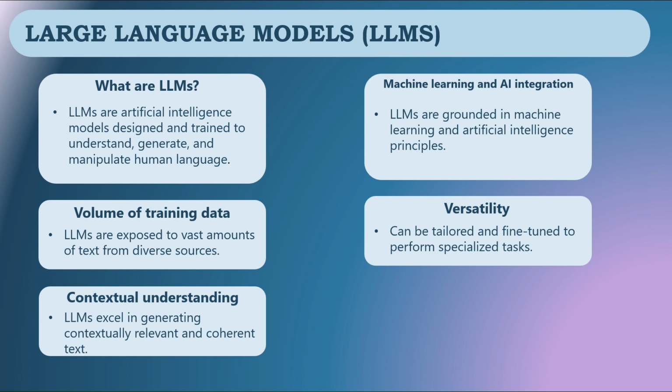They are neural networks with millions and even billions of parameters that are fine-tuned during the training process to understand and predict text effectively. These models aren't limited to a specific type of text or languages. They can be tailored and fine-tuned to perform specialized tasks, making them highly versatile and applicable across various domains and languages.